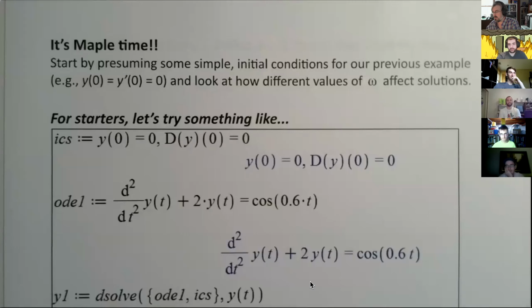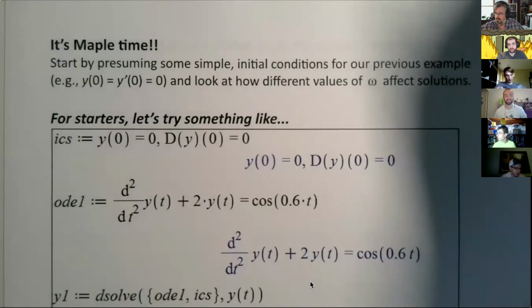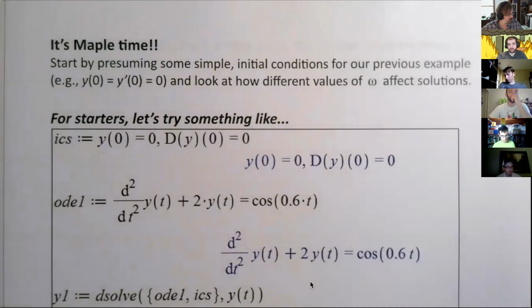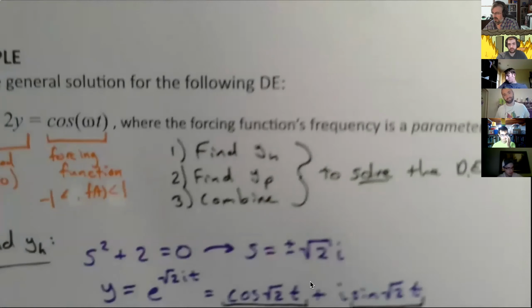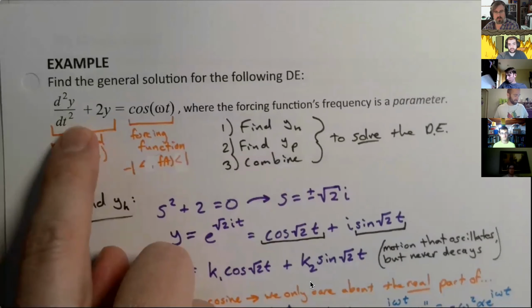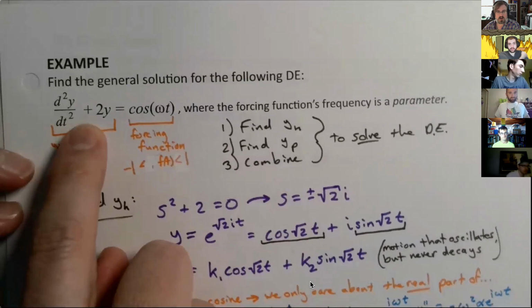So what we're going to do right now is turn our attention, if I can figure out how to get this chair to move, to the notes for 4.3. If you remember the last little chunk of notes for 4.3, we had a situation where we had an undamped harmonic oscillator.